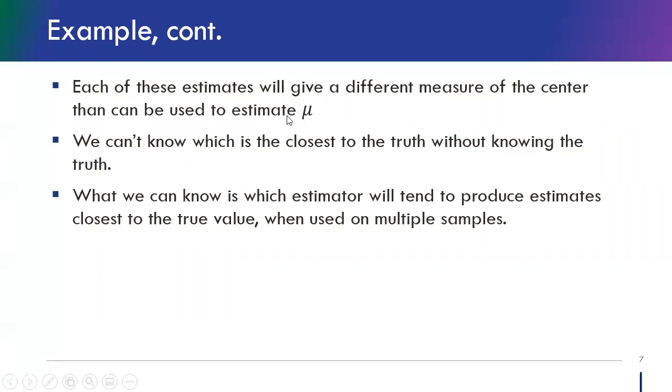Because this population parameter mu is actually unknown, we do not know how good our estimate is without knowing the true population parameter. But what we could know is which estimator would tend to produce estimates closest to the true value.